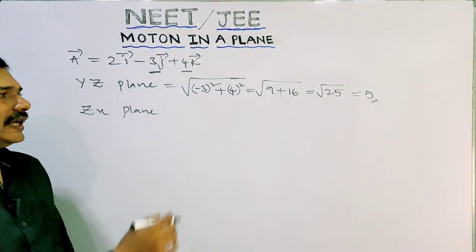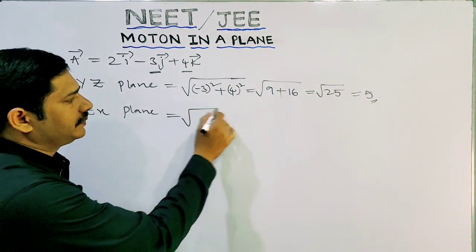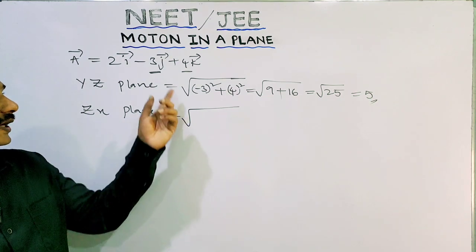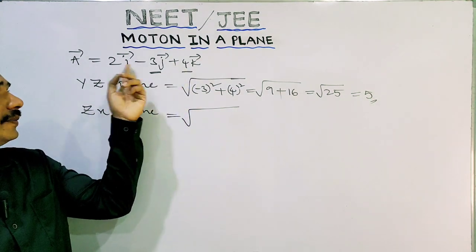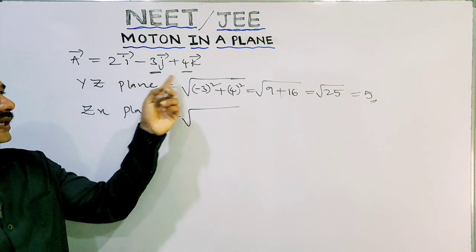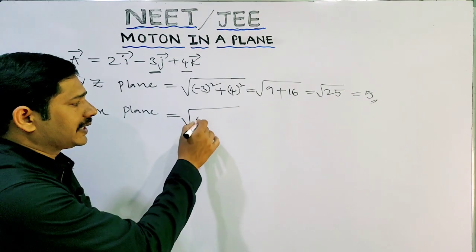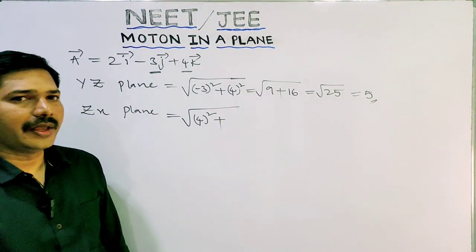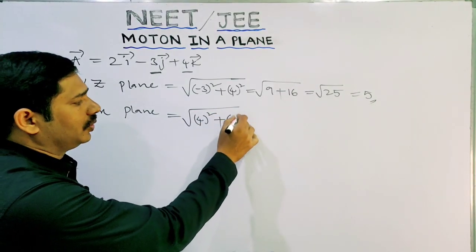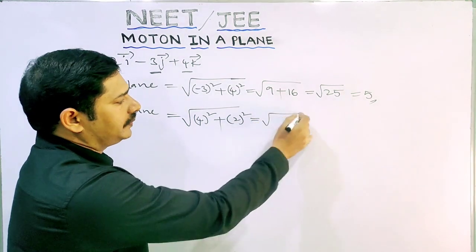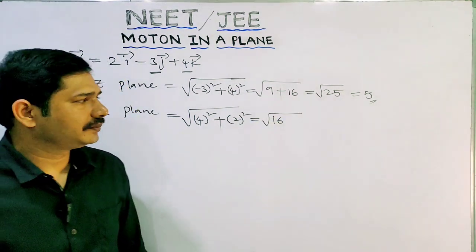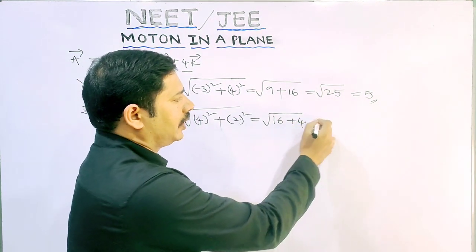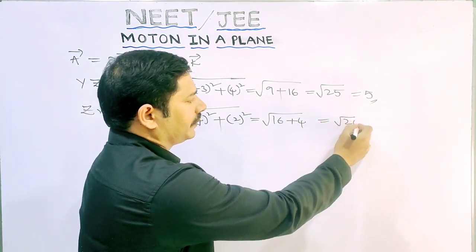And we'll see ZX similarly, under root. ZX plane, this is the Z axis component, this is the X axis component. So the Z component is 4 square and the X component is 2 square. Here 4 square is 16 and 2 square is 4, so root 20.